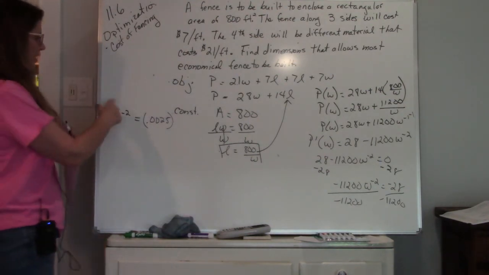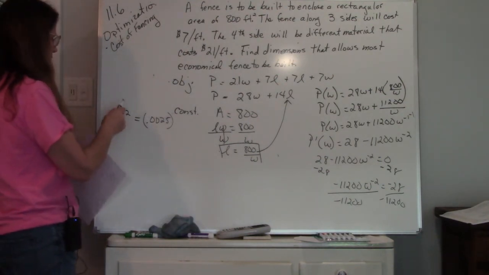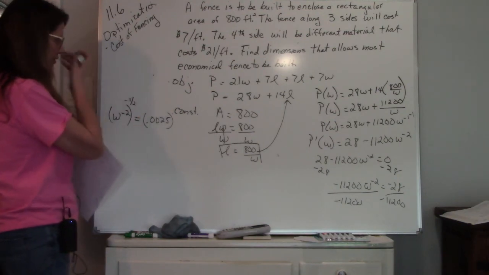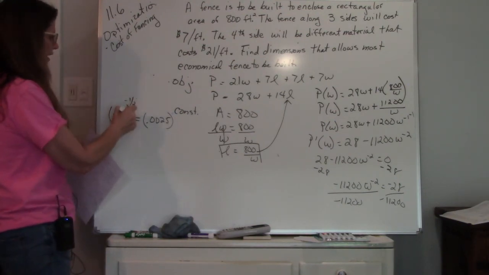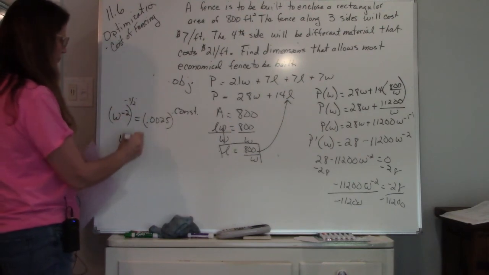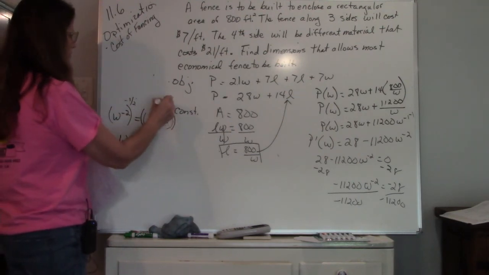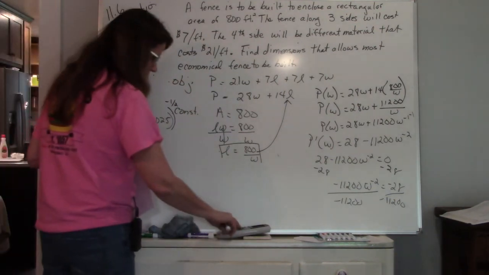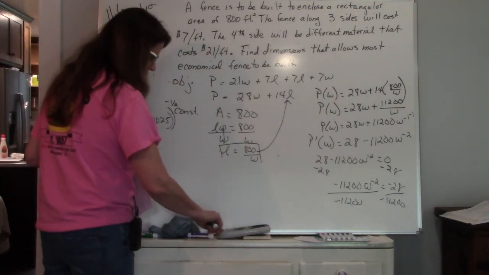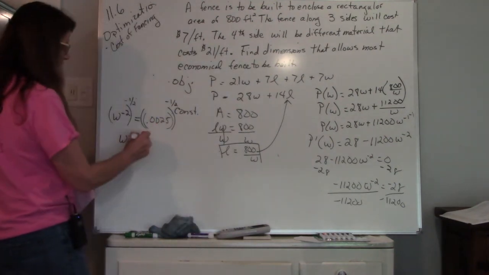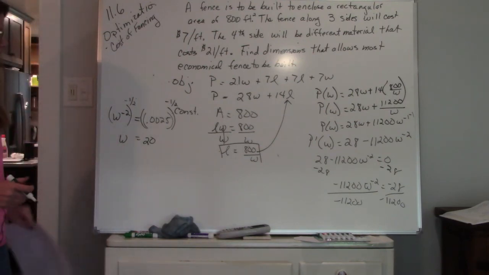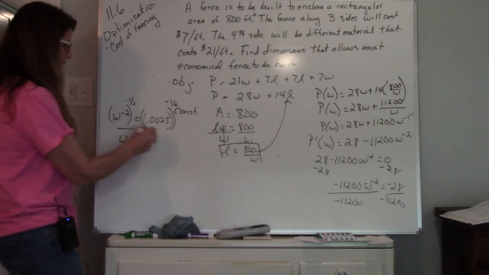Okay, so now I'm trying to get this by itself. So I'm going to raise it to the negative 1/2. Negative 1/2 times negative 2 is 1. Whatever I do to one side, I've got to do to the other. So if I raise this to the negative 0.5, I get W equals 20. Okay, so we're saying our width is 20.